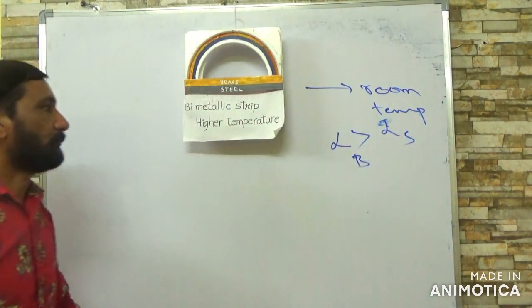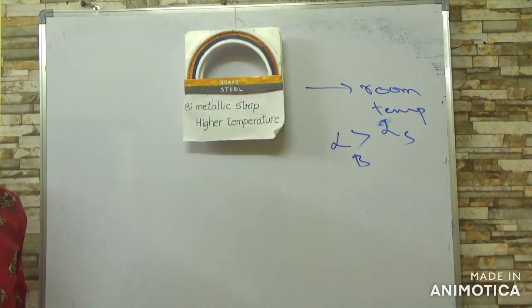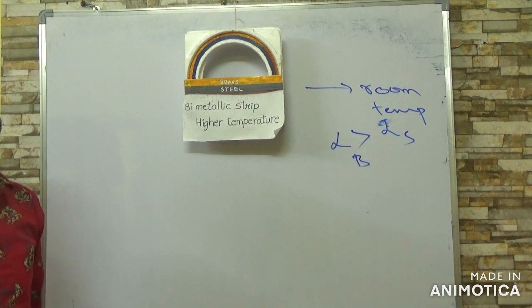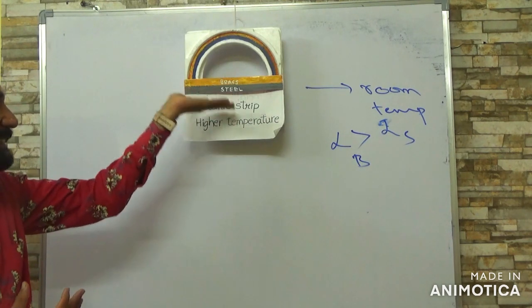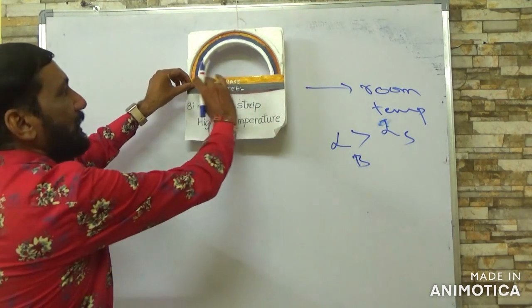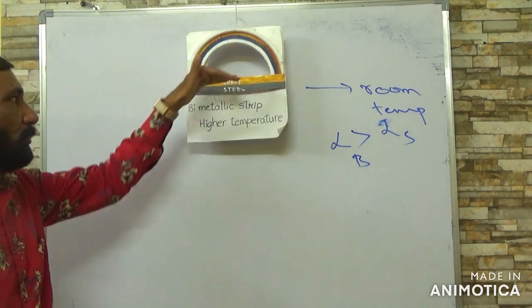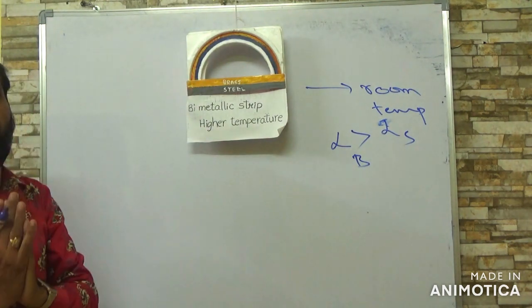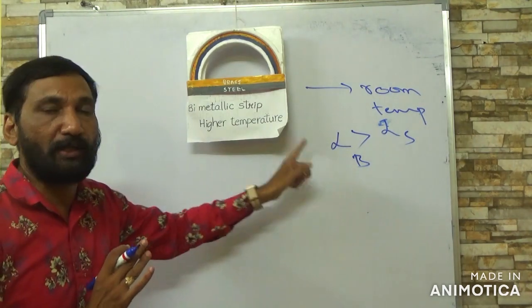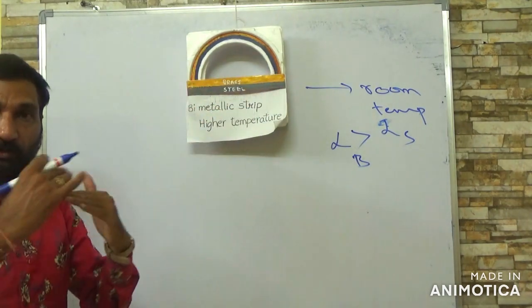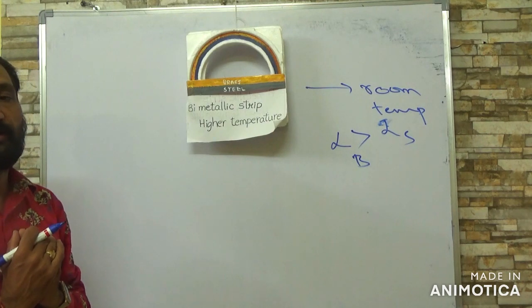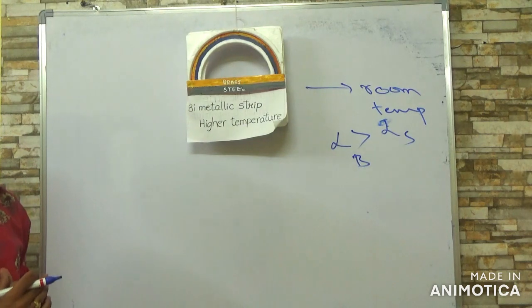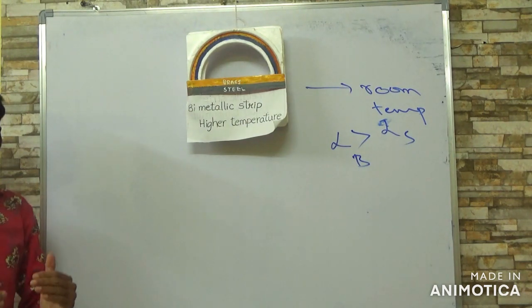So that is why brass is outwards, convex, and steel is inwards. This is all when the metal is heated. It does not remain straight now, because both steel and brass expand, but the one with more expansion coefficient comes outside and the one with less goes inwards. That is why it is in the shape of a convex. Now when it is allowed to cool.